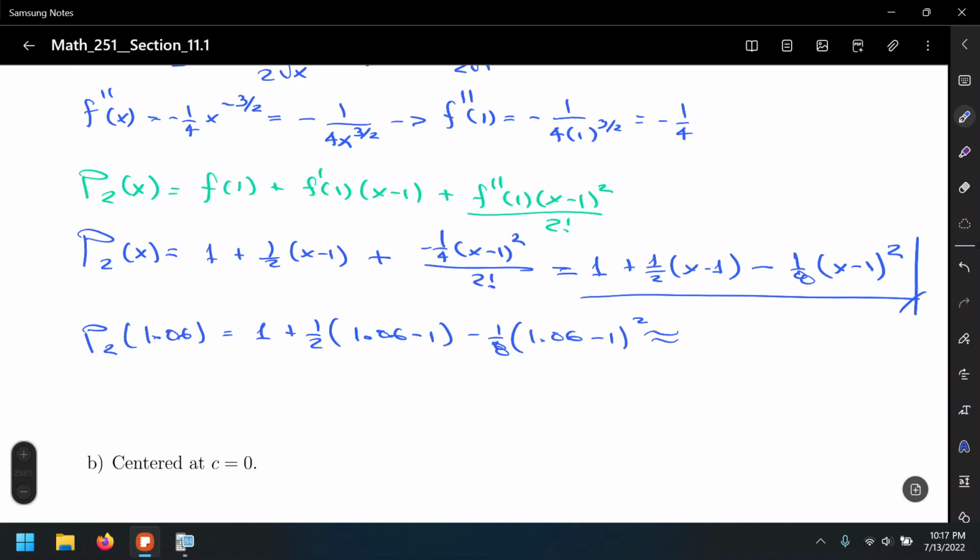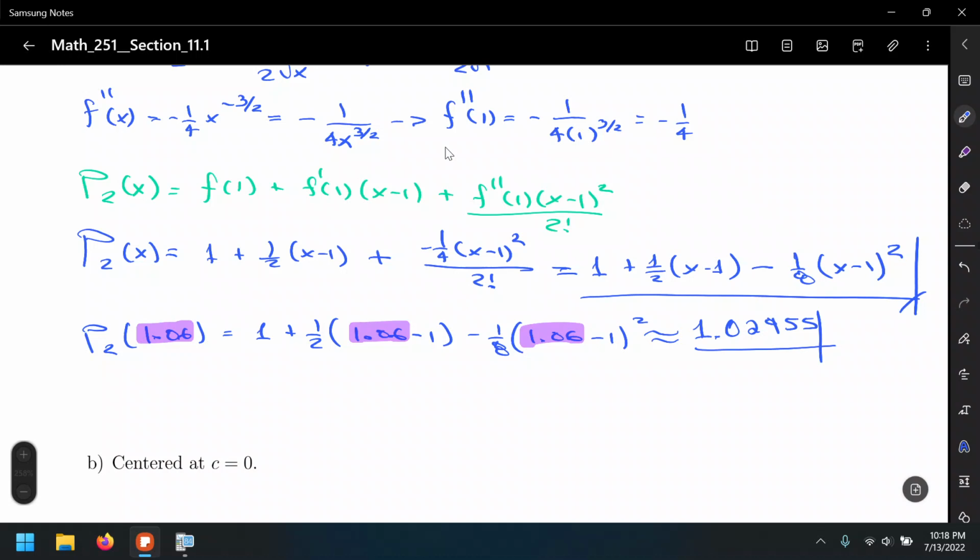And this is approximately, well, first of all, let me highlight so you can see where I plug in that value. And this should give us around 1.02955.